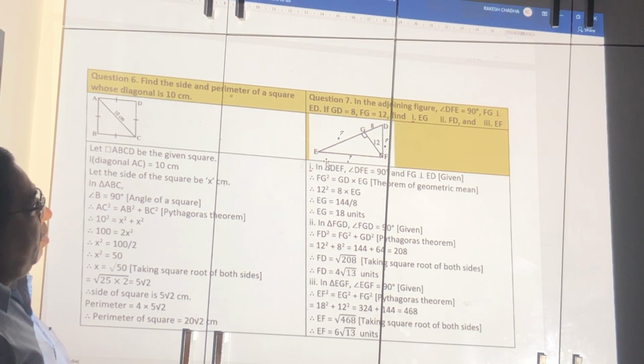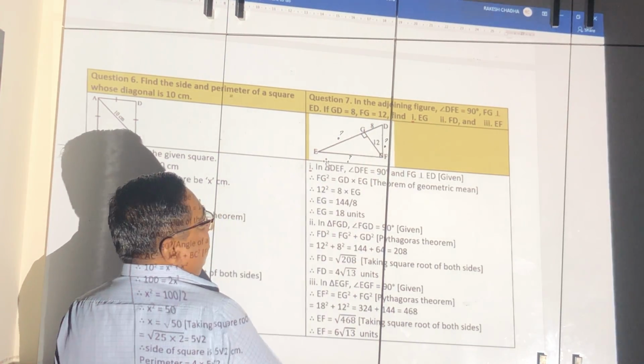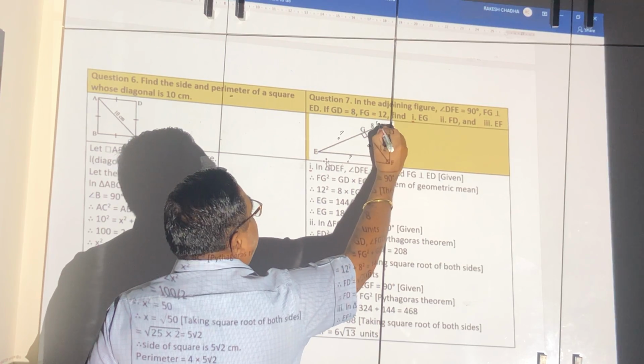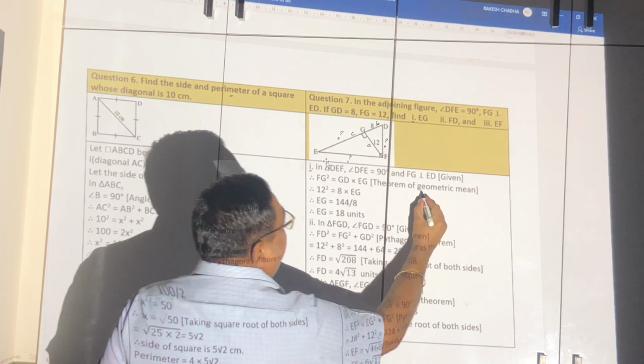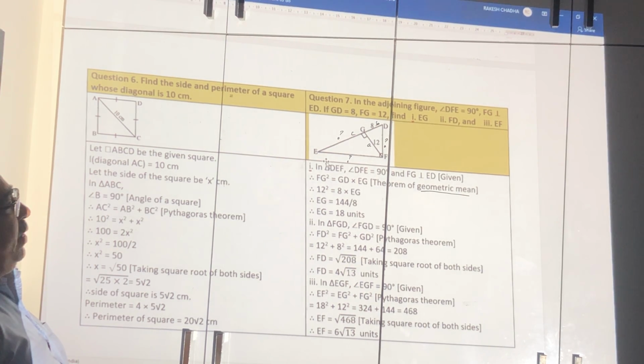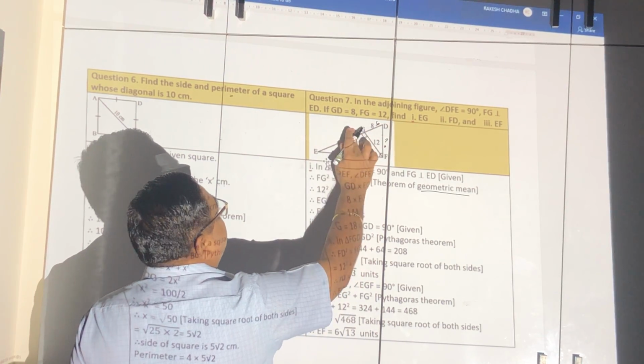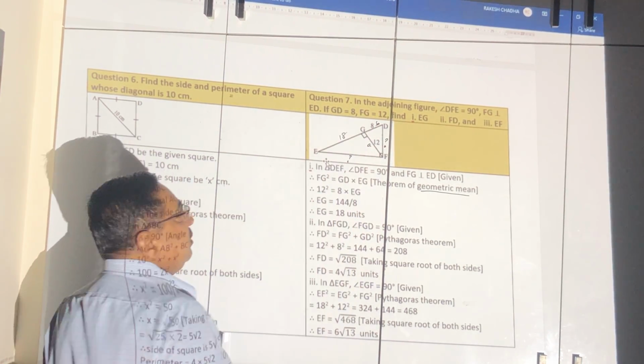Okay, how to go about it? First, 12 and 8 are given. So, my friend, A, B, C. Geometric mean theorem: A square is B into C. So I directly got C is 18 units. So this is my first, 18 units.